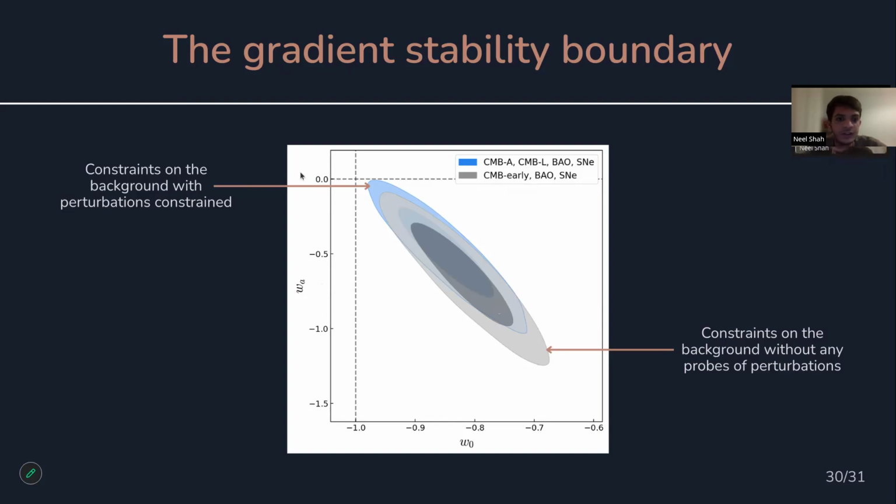Because of those correlations, when we have some constraints on the perturbations, and those perturbations are correlated with the background due to the gradient stability condition, we also get some constraints on the background. And this is how our constraining power on perturbations can also affect the constraints that we see on the background.